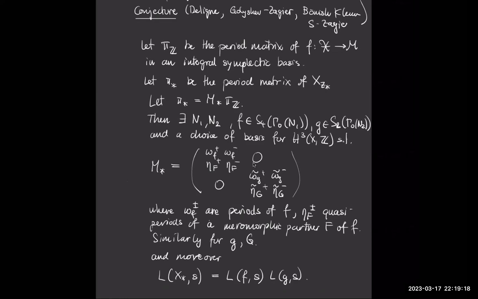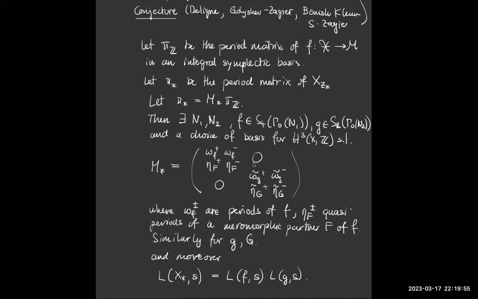If those are true, then this conjecture is true as well, except that one would like to have a recipe to determine N1, N2, F, and G. But since we don't have these conjectures, what we can do is look at examples and, as a first step, verify whether this conjecture makes sense numerically.